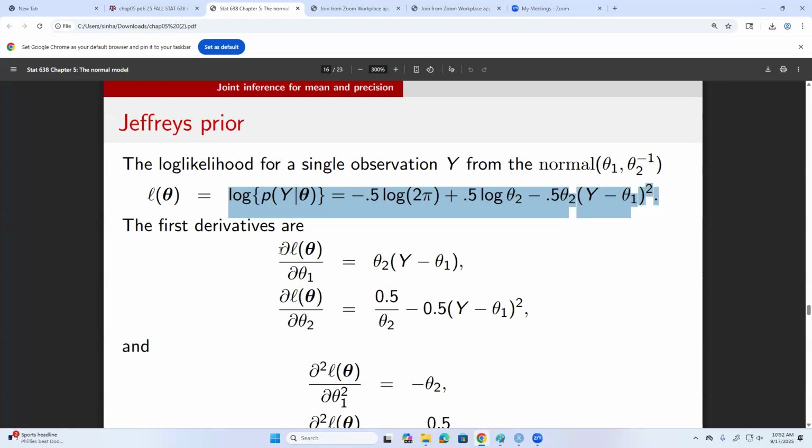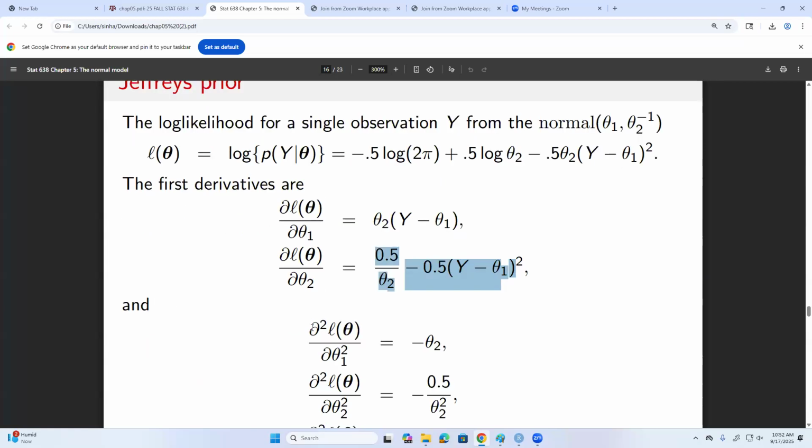So now coming back to the derivatives, this is the partial derivative with respect to theta 1 of the log likelihood. This is theta 2 times (y minus theta 1). The second derivative of the log likelihood with respect to theta 2 is this guy.